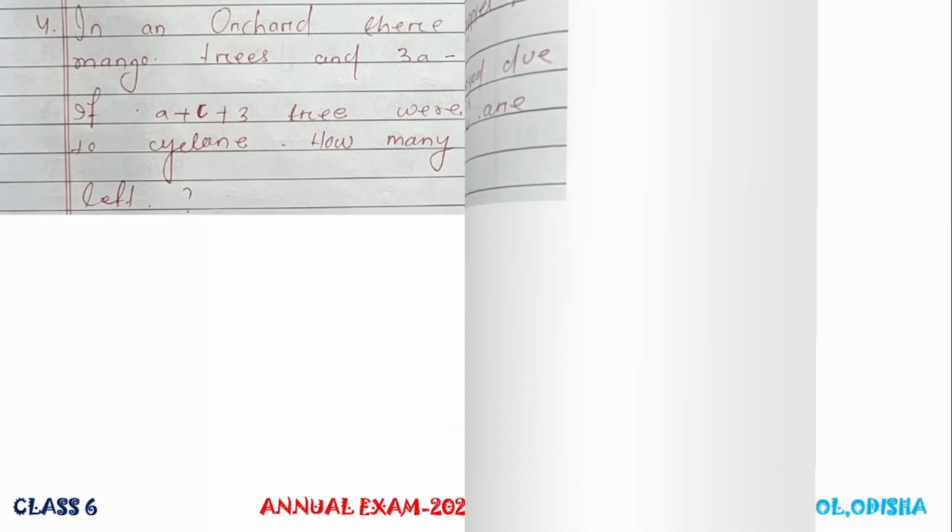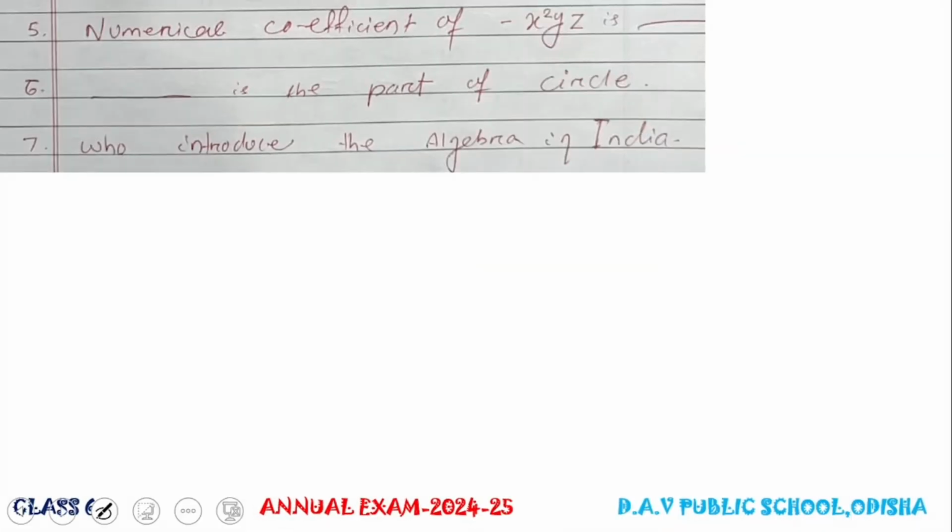Next question. The numerical coefficient of minus x square yz. There is no numerical value, that's why 1. But we write this with the sign, and the sign is minus. So the answer is minus 1. Dash is the part of the circle, the answer is arc.